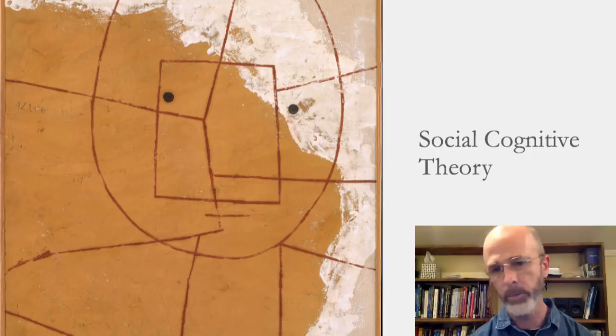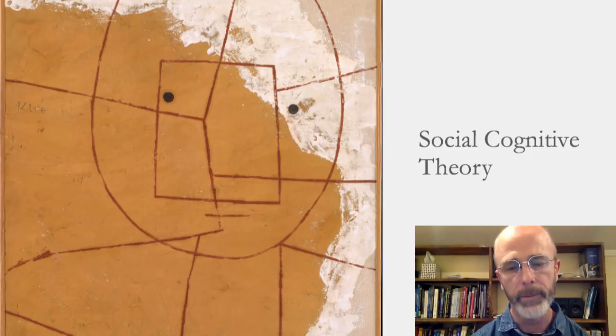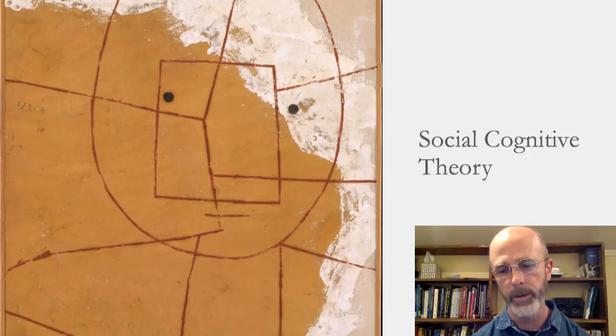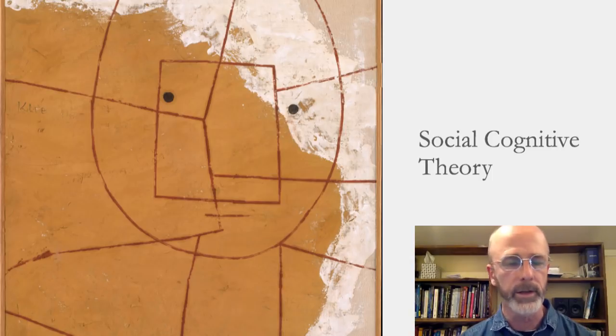The next theory we're going to talk about is social cognitive theory, authored by Alfred Bandura, a Stanford professor. I believe the first paper from Bandura beginning to develop his theory was published in the late 60s, early 70s.